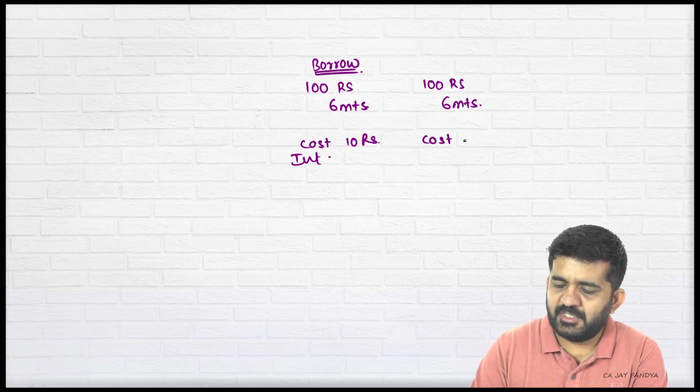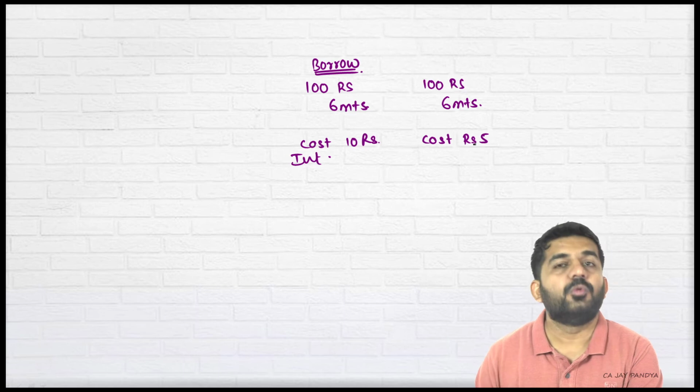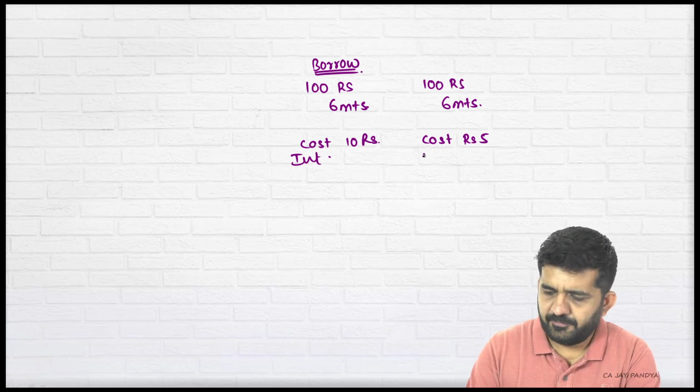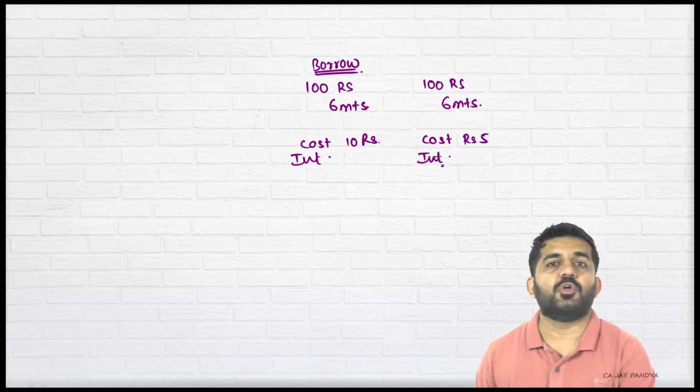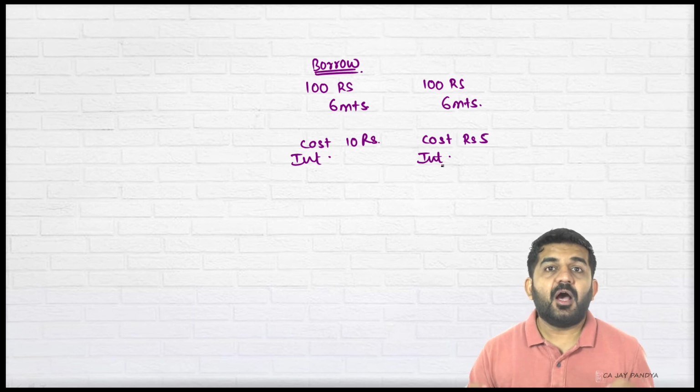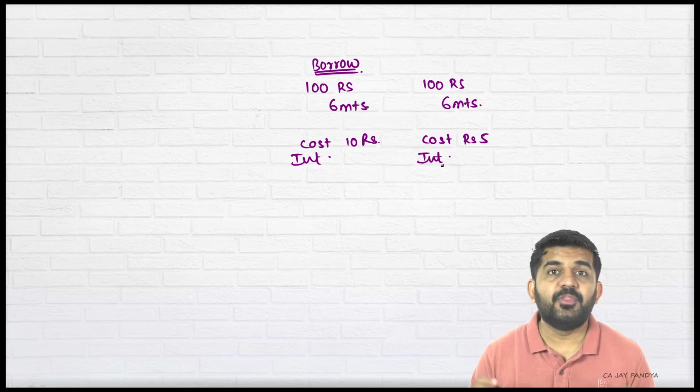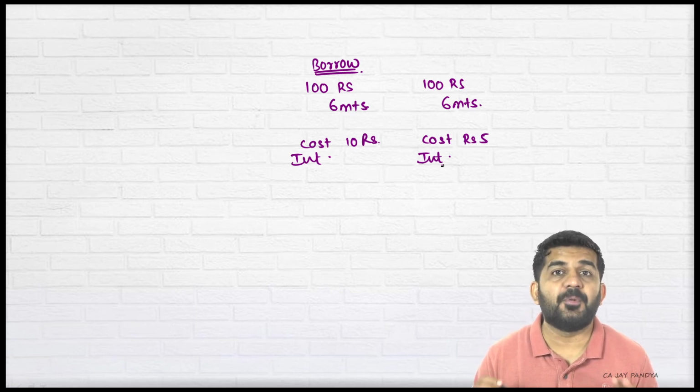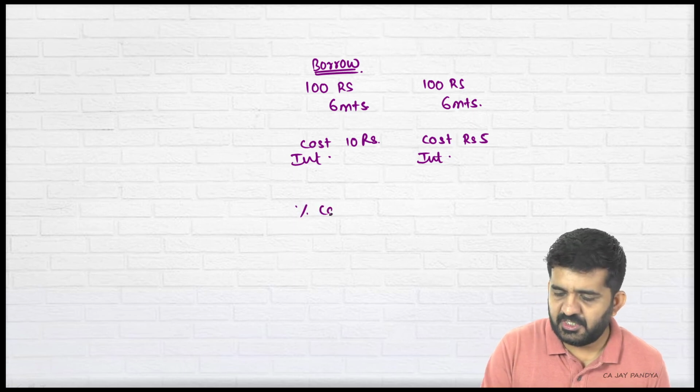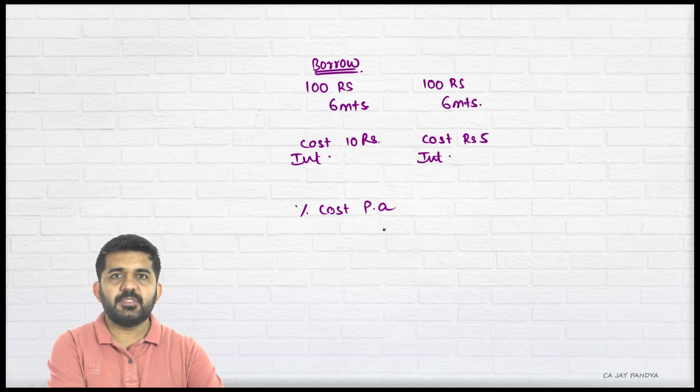My cost is say 5 rupees. Now in 6 months I'm changing the cost, and this is nothing but interest cost. I want to find out the percentage cost per annum.